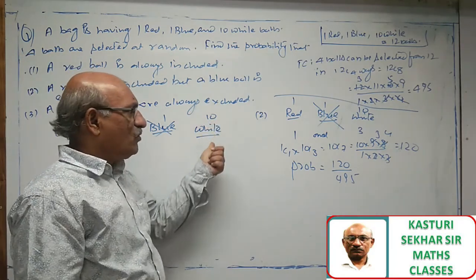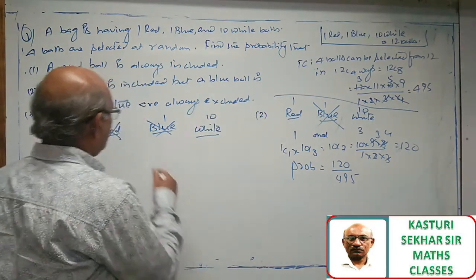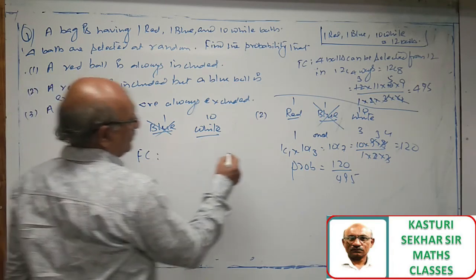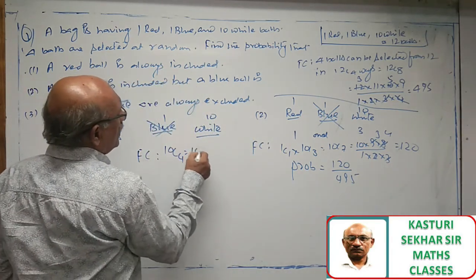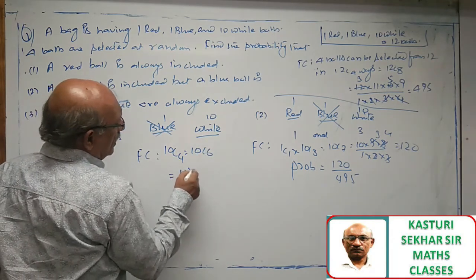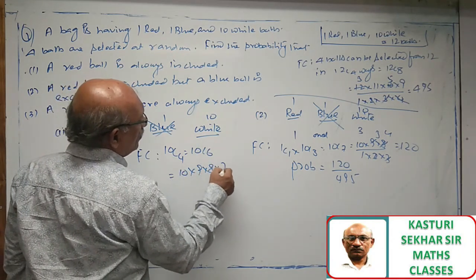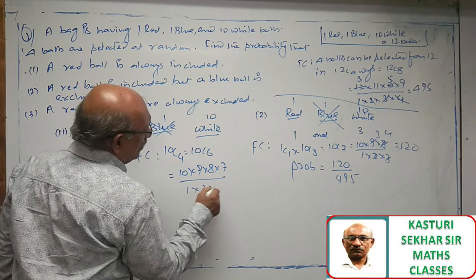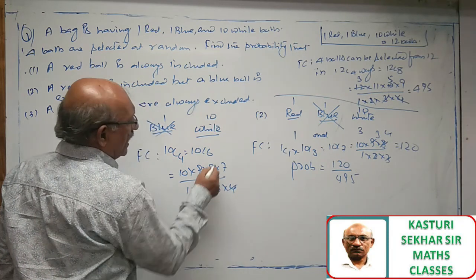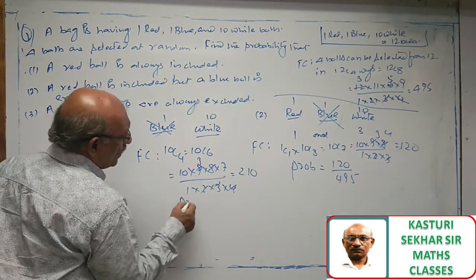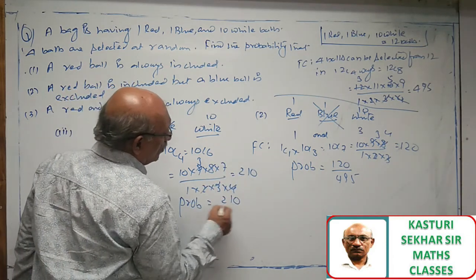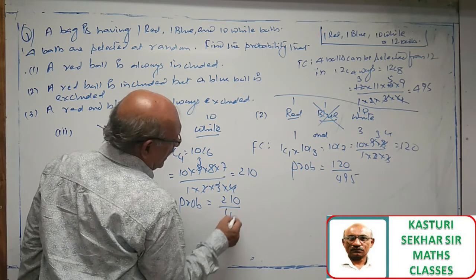It means 4 balls you have to select from 10. Favorable cases: 10C4, 10 into 9 into 8 into 7 by 1 into 2 into 3 into 4. Cancel, it will go 3 times. 210. Probability is equal to 210 divided by 495.